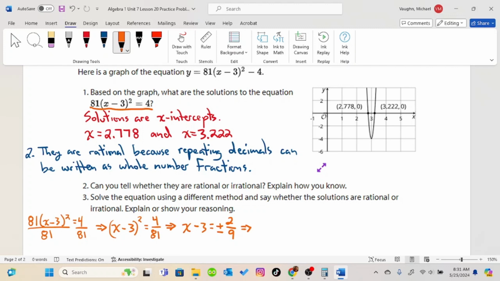To get x by itself, I would add 3 to both sides. So I have 3 plus or minus 2 over 9.